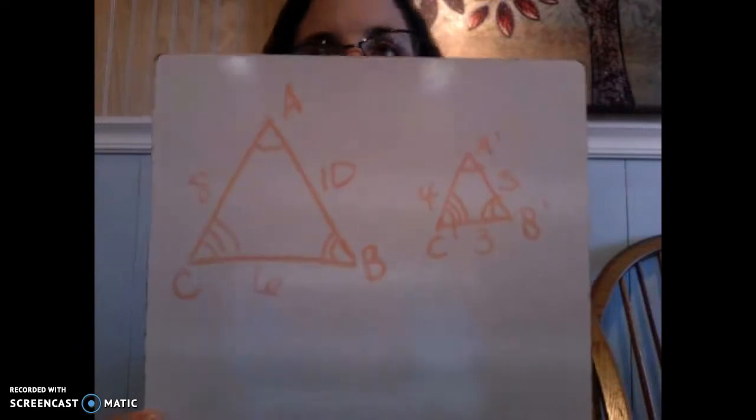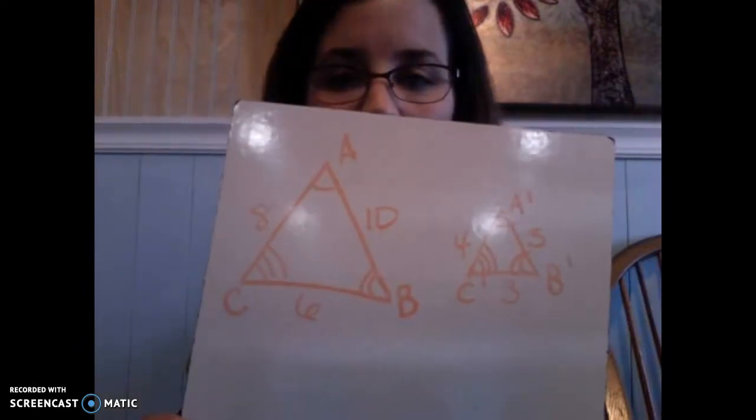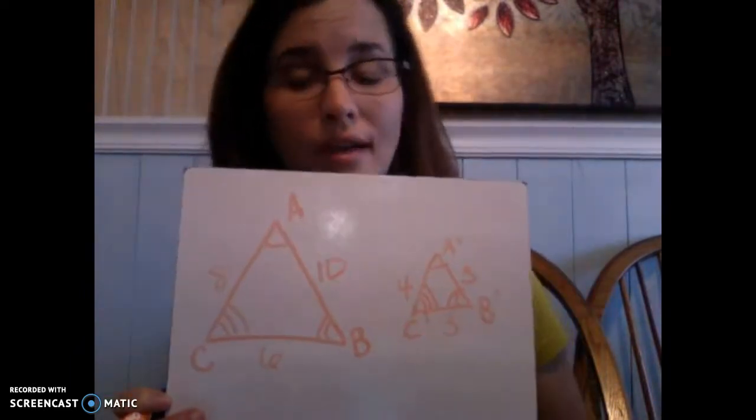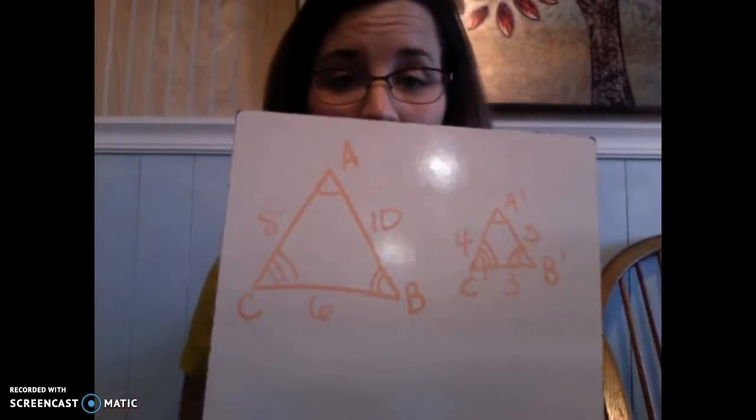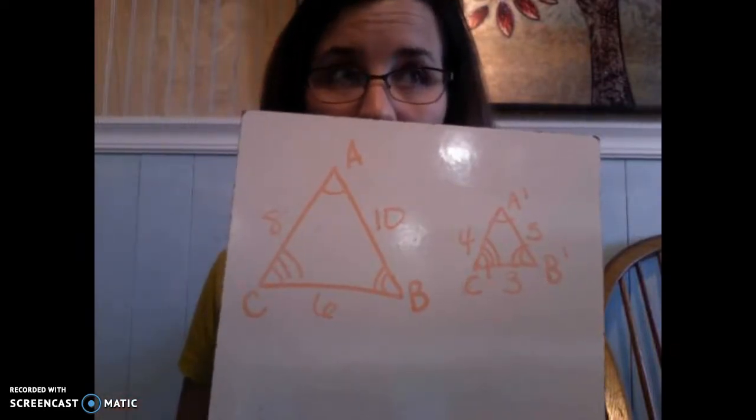Okay, and the question is, are these similar? Are they a dilation, I guess? Is it a dilation? Well, to be a dilation means they have to be similar. So I have to check, is something being reduced or enlarged?